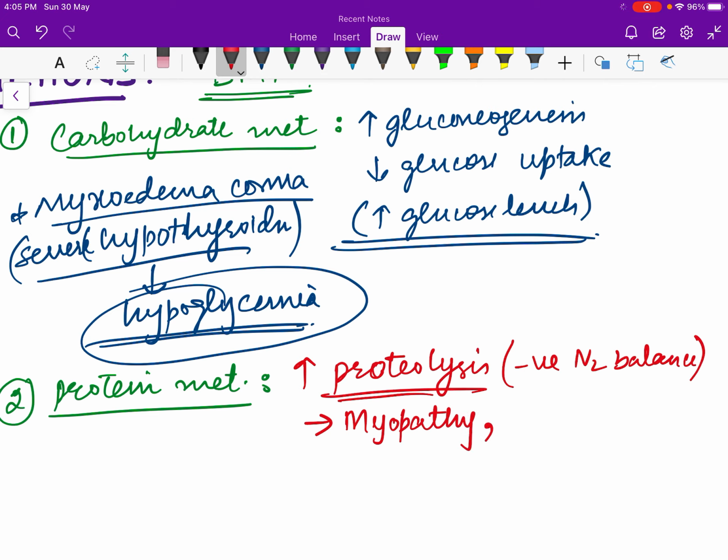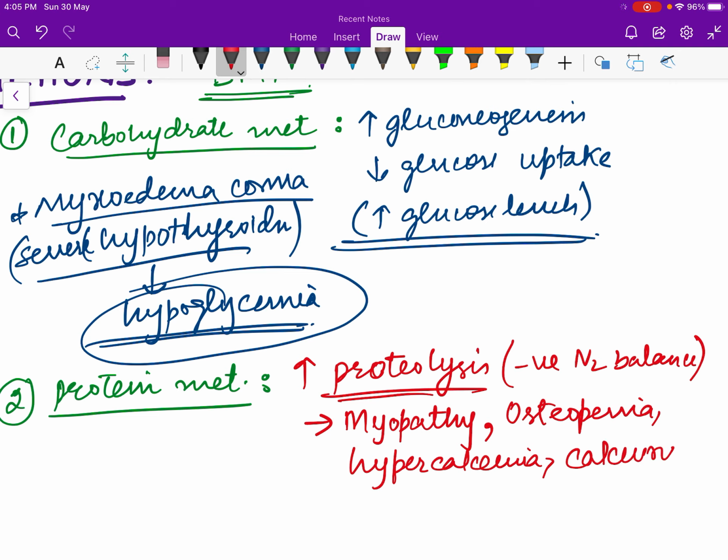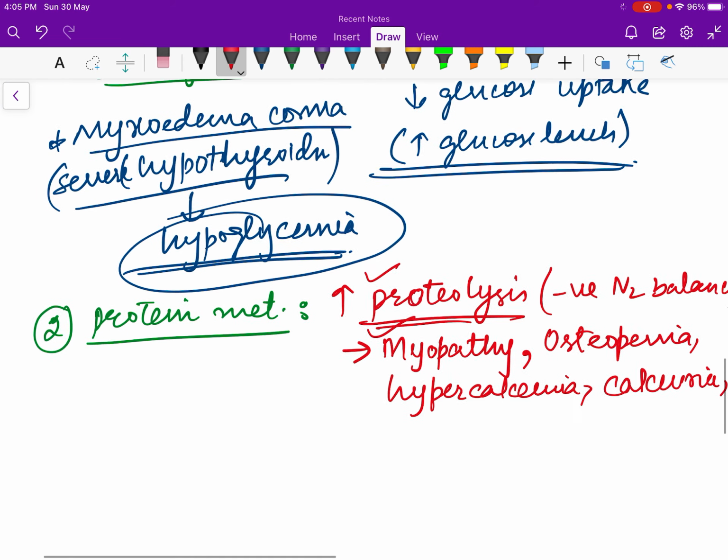There will be destruction of osteoid of bone, which can cause osteopenia, and simultaneously there will be release of calcium, so that will cause hypercalcemia and even calciuria. So there will be proteolysis, myopathy, osteopenia, hypercalcemia, calciuria, etc. Okay, so this is about protein metabolism.